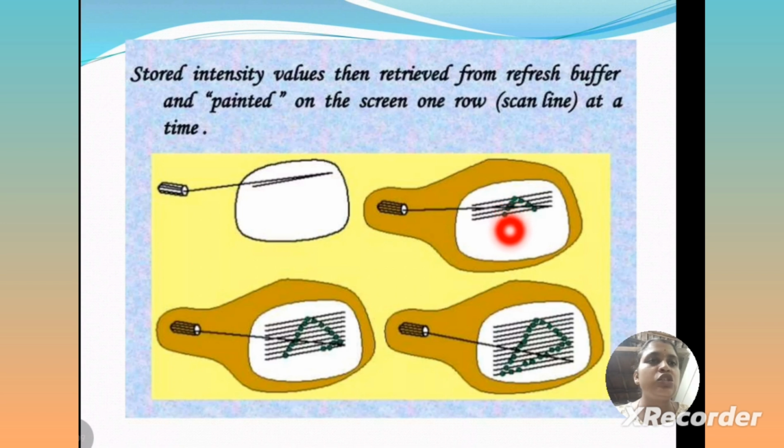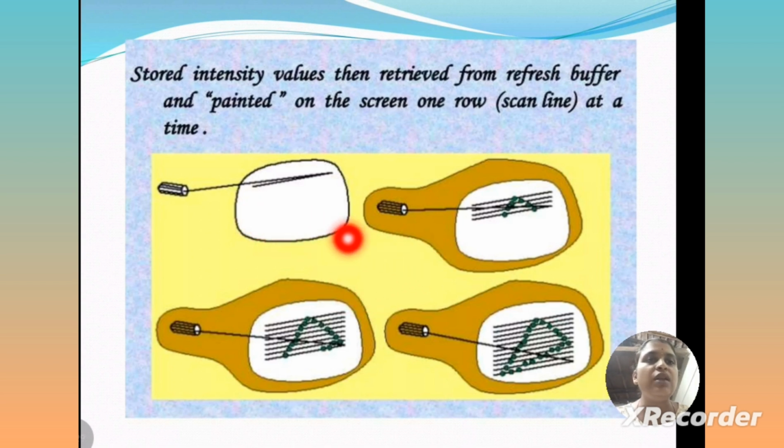See these dots. These dots are called intensity values, which are received from the refresh buffer. These intensity values are going to produce the image on the screen. So these dark spots collectively form the image that we stored in the refresh buffer.